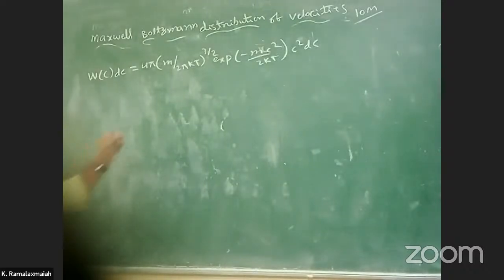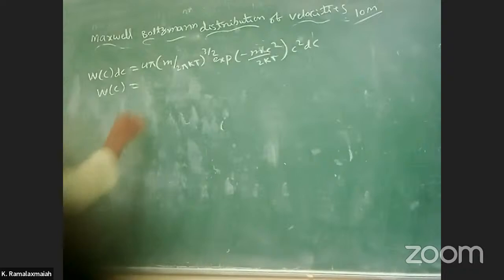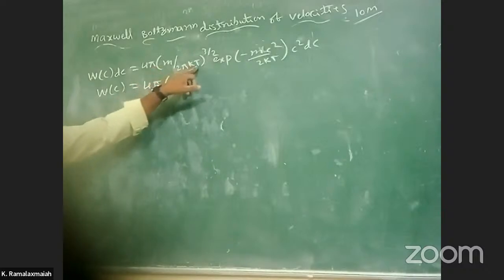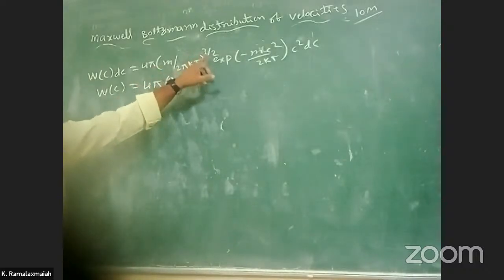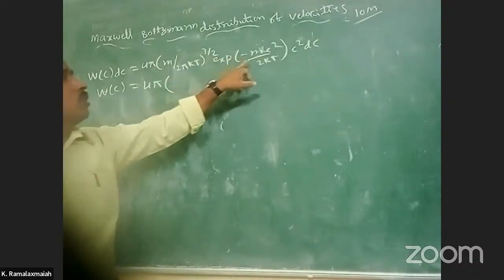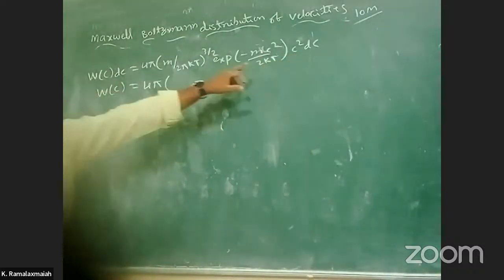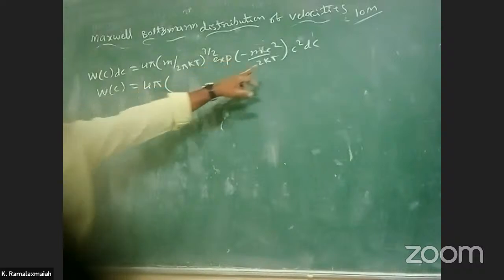So the probability that molecules possess the speed c is given by W(c) is equal to 4 pi (m by 2 pi kt) power of 3 by 2, exponential of minus mc square by 2 kt, c square. The integral of W(c) dc over all speeds is equal to 1.